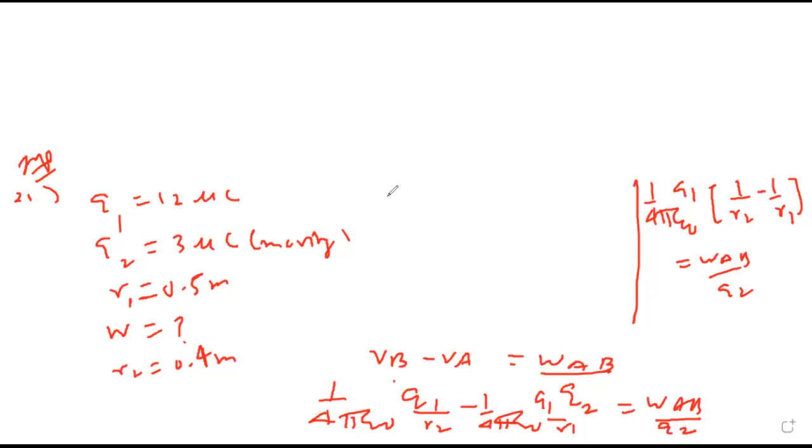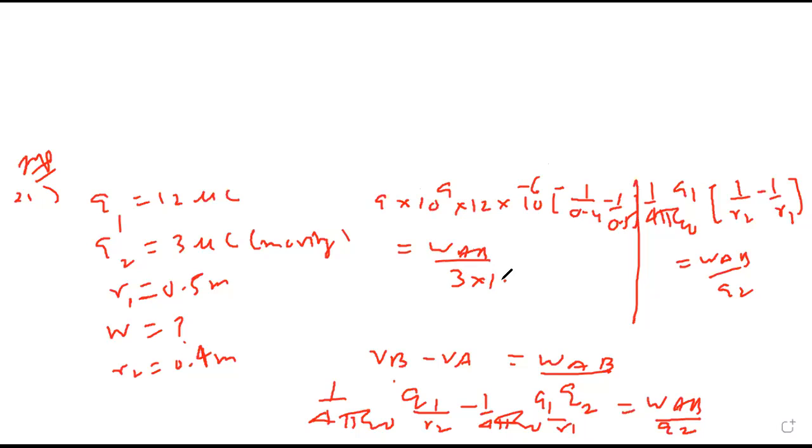So 1 upon 4 pi epsilon means 9 into 10 raised to 9. Q1 is 12 micro, 10 raised to minus 6. 1 upon R2 is 0.4 meter minus 1 upon 0.5 equals work done upon 3 micro, 3 into 10 raised to minus 6.